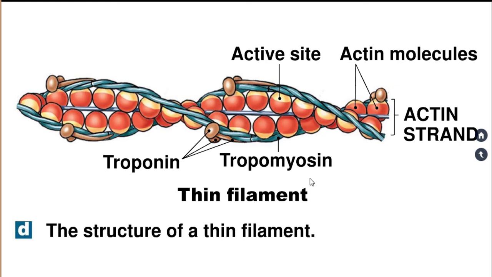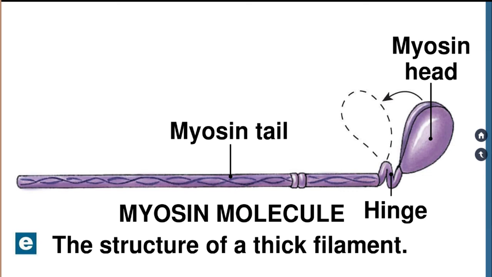This is the thin filament of the muscle fiber. And the structure of a thick filament: the myosin molecule, or myosin proteins, consists of the myosin head that can pivot, the myosin hinge, and the myosin tail.